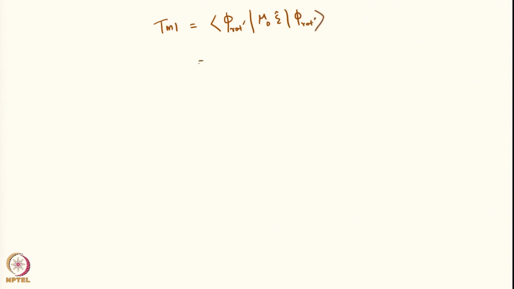Now, we know if you take rigid rotor approximation, the phi rotation will be nothing but Y J M J prime M prime, theta and phi, mu naught epsilon, Y J double prime M double prime, theta and phi.